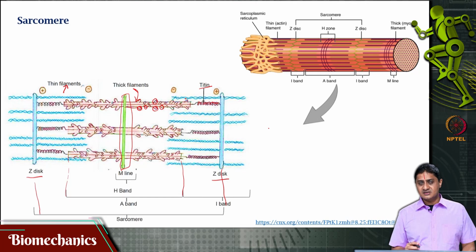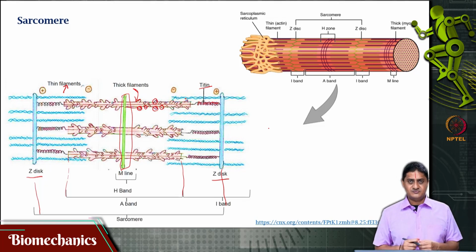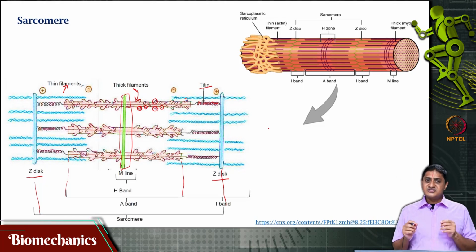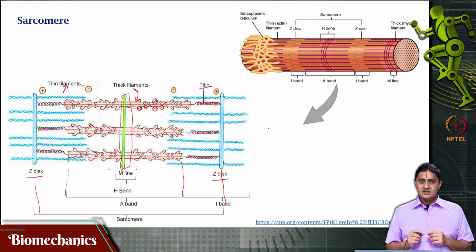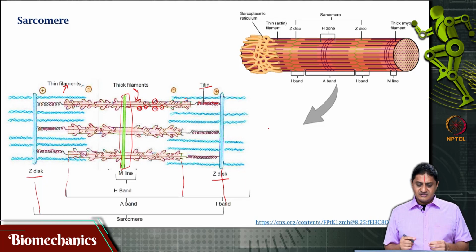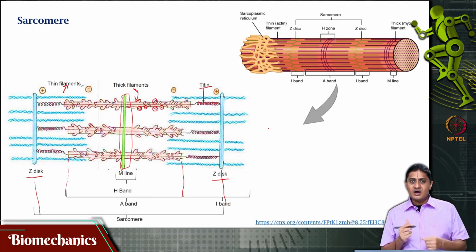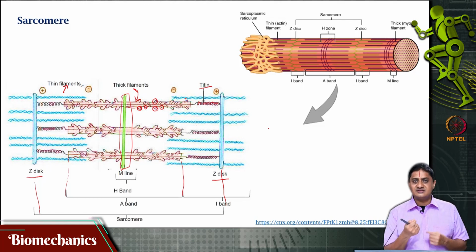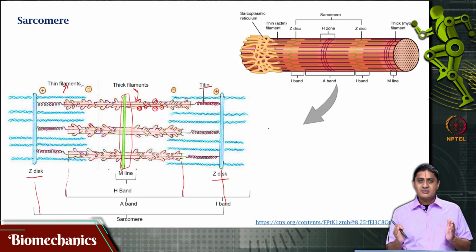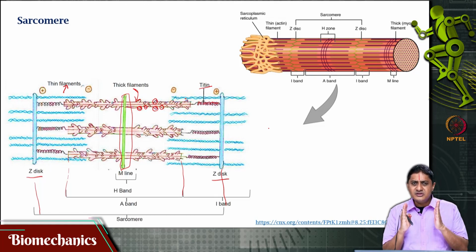Specific points on the thin filament are capable of attaching to these heads, and under specific conditions, this attachment between the thick filament and thin filament will be so strong, and the thick filament will undergo a conformational change, pulling the thin filament, thus making a really minuscule, a very small amount of contraction.